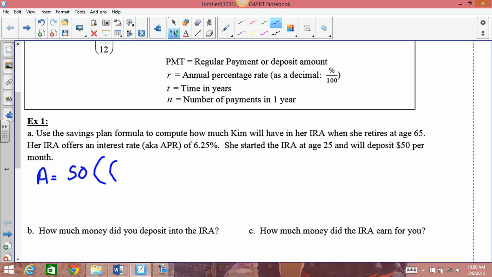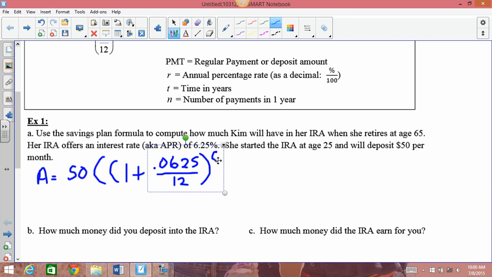and then I would start another parenthesis, and inside that parenthesis, it's 1 plus your rate, and your rate here is 6.25%, so put it as a decimal, 0.0625, divided by 12, close your parenthesis, raise it, and if you notice that's in parentheses, raise it to the 12 times T. T is the number of years that she would have been contributing.